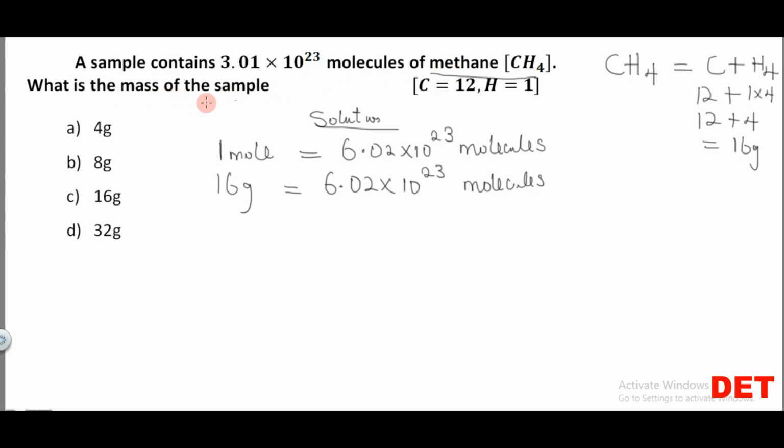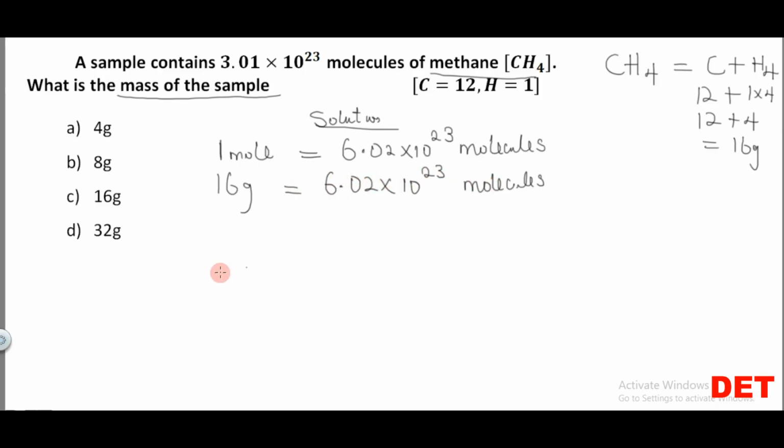What is the mass of the sample? So what we're looking for is the mass of the sample. 1 mole of a substance is equal to 6.02 times 10 raised to the power 23 molecules, and 1 mole of methane is equal to 16 grams. We calculated it here.